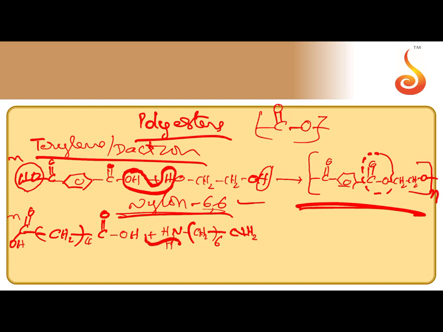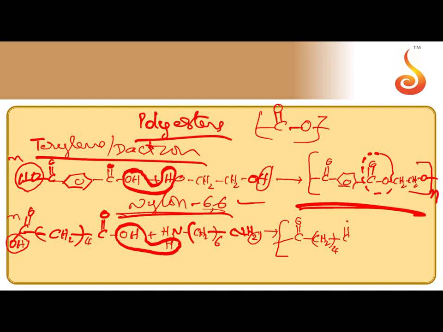So during the polymerization, what happens? H comes from NH2, OH comes from COOH. So remember, always OH comes from COOH. Similarly, you remove OH of the terminal COOH and H of the terminal NH2. Then this is continuation.